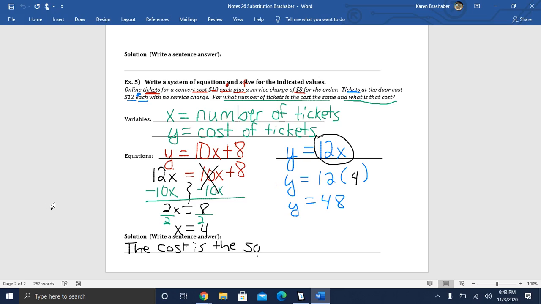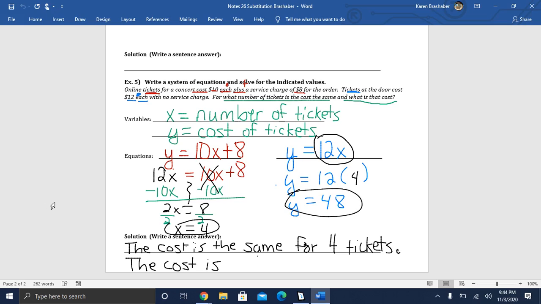for, all right, now I needed to know x was my answer for my number of tickets, so that would be this one. So for 4 tickets, and then it asked, what is the cost? The cost is, and that's my y value, and it's money, so we should use a dollar sign, $48.